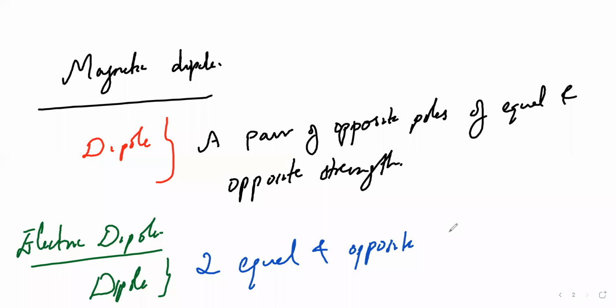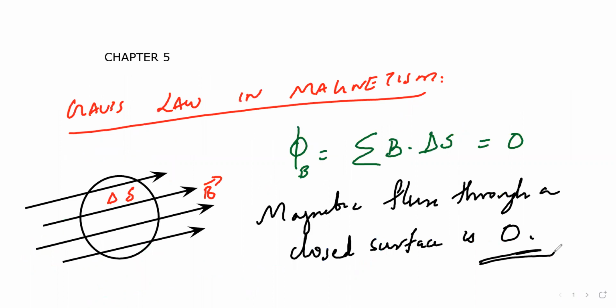I'll highlight charges here. Here it is poles. So in magnetic dipole it is poles, in electric dipole it is charges. That is the only difference. But my question was why this is equal to 0?